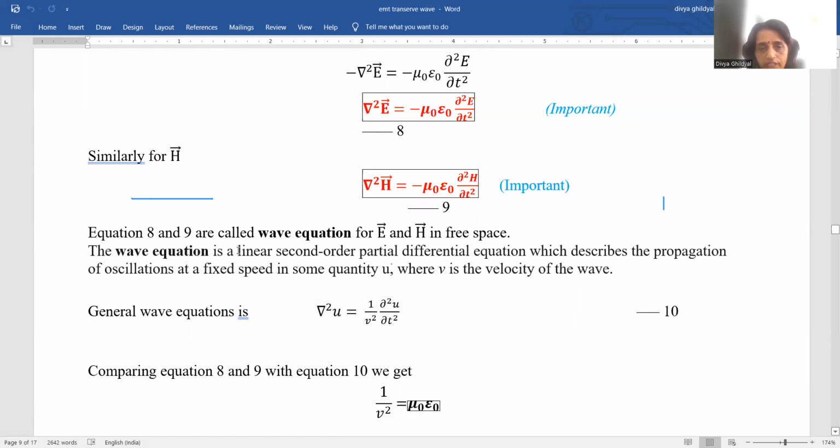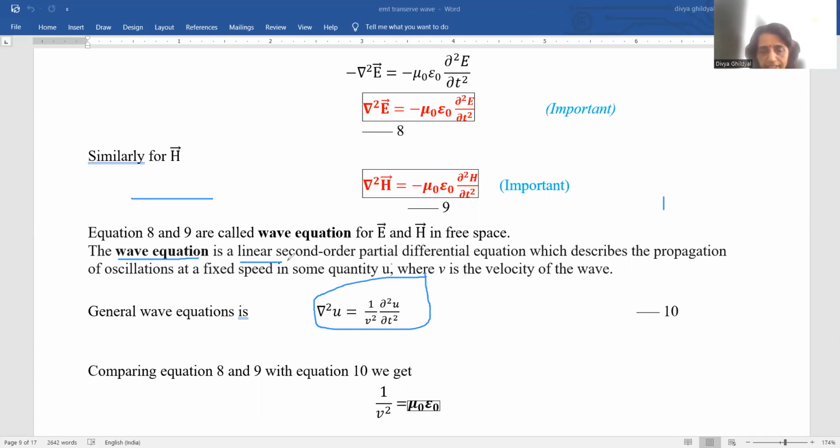So wave equation is a linear second order partial differential equation which describes the propagation of oscillations at a fixed speed in some quantity u, where v is velocity of the wave. So this is the general wave equation.